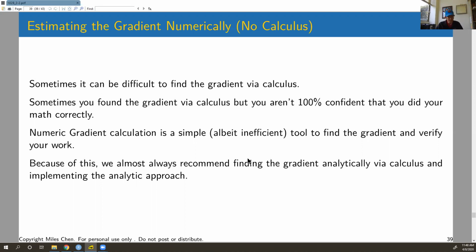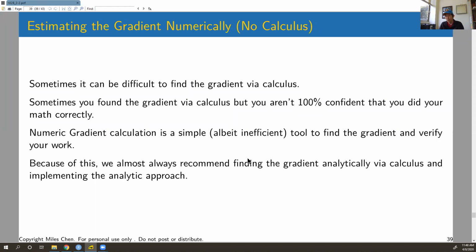But sometimes figuring out the gradient using calculus is hard, and you're not sure if you did it correctly. That's one of the hardest things in statistics: you do some math and then you're just like, did I do my math correctly? So what you can do is check your gradient numerically.